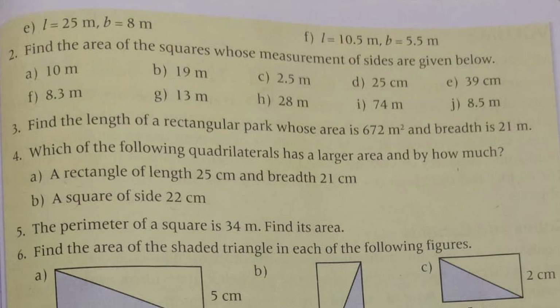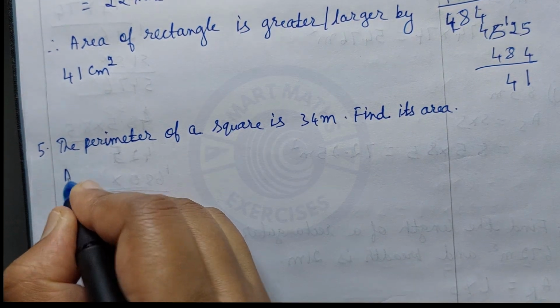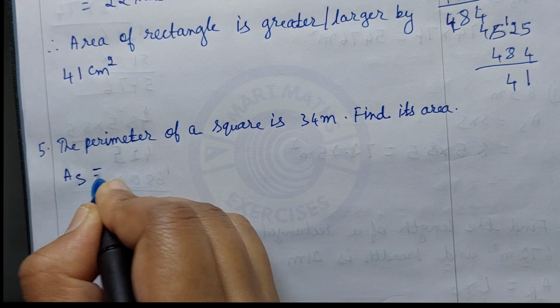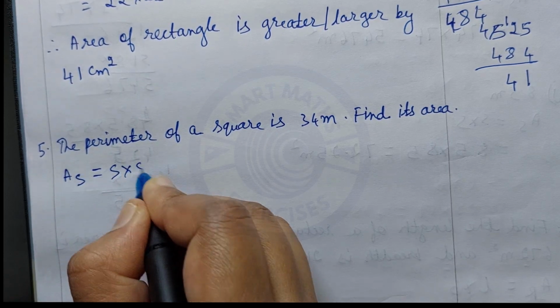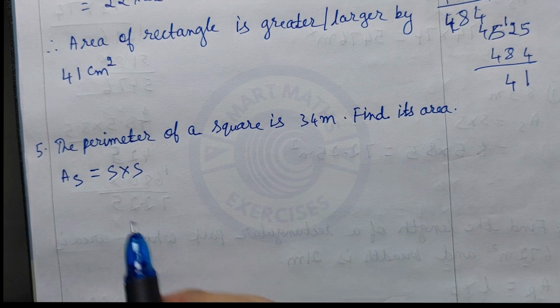Next question, the perimeter of a square is 34 meter. Find its area. Here we have to find out the area of the square. Let's write the formula for area of square. Area of square is side into side. But here we do not have side. So first we have to find out side.